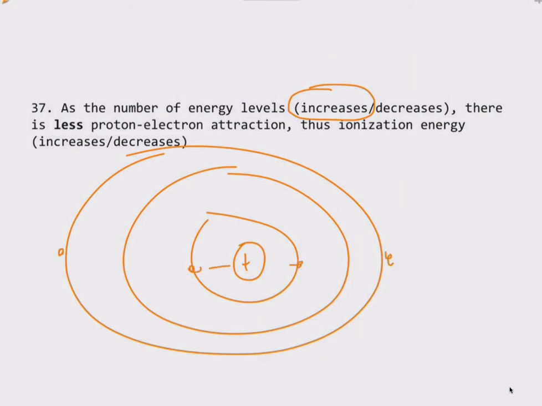So the protons are pulling really strongly on these center electrons, but they're pulling much more weakly on the electrons at the outside because they're A, farther away, and B, all the other electrons in between are sort of shielding the outer electrons from the protons. So as there is less proton-electron attraction, the ionization energy decreases. So the more energy levels, the lower the ionization energy gets.